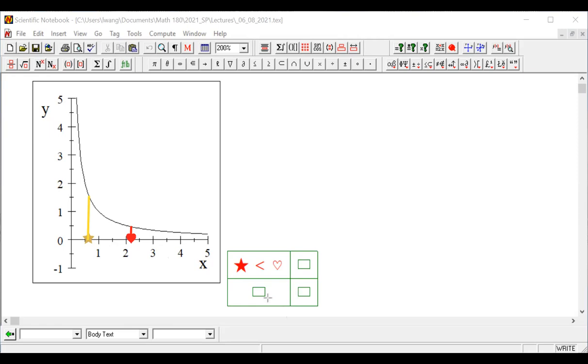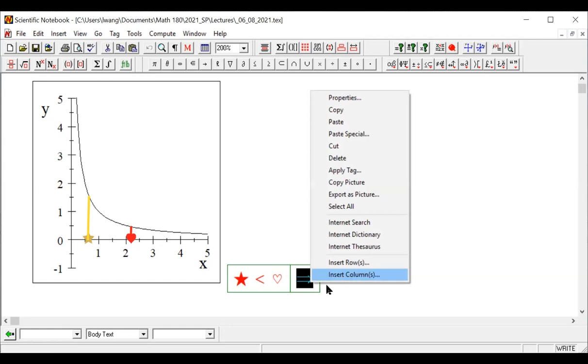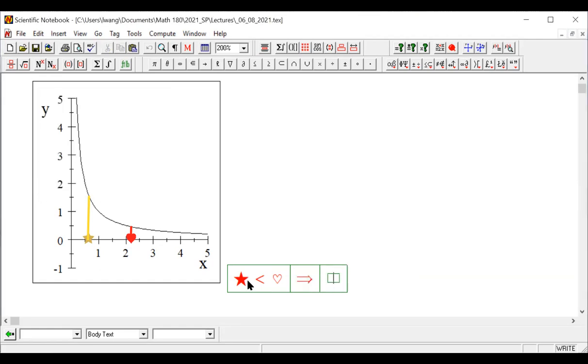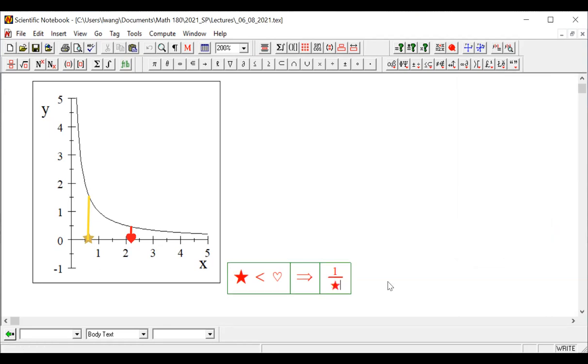So what do we see, obviously? As a consequence, we don't need this row. Insert a column: 1 over the star, 1 over the heart. Which one is larger? 1 over the star is larger than 1 over the heart.